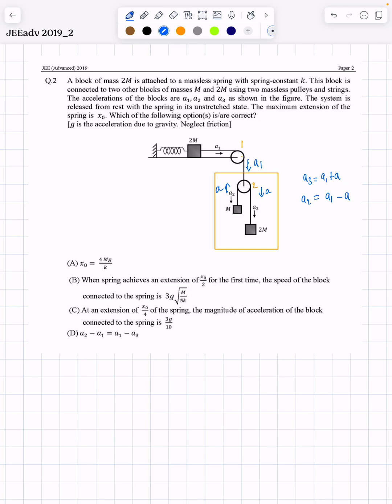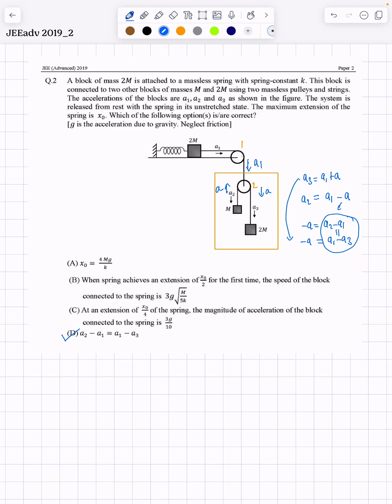So this relation holds, and from this equation, minus a is equal to a2 minus a1, and from this equation, minus a is a1 minus a3. So these two are equal, a2 minus a1 equals a1 minus a3. So you can see that this is the correct option.